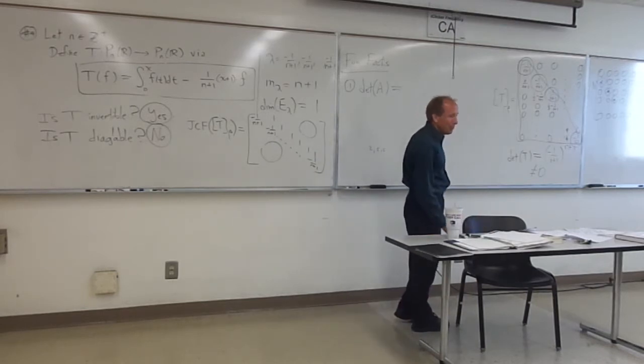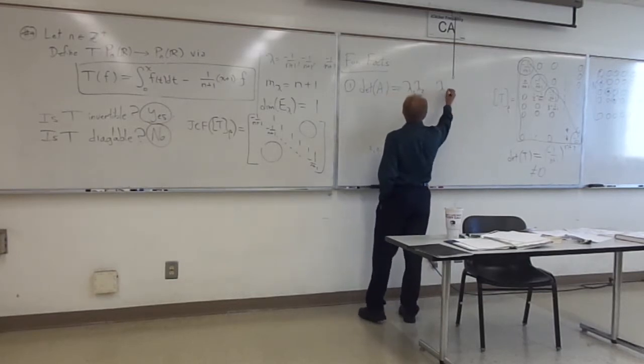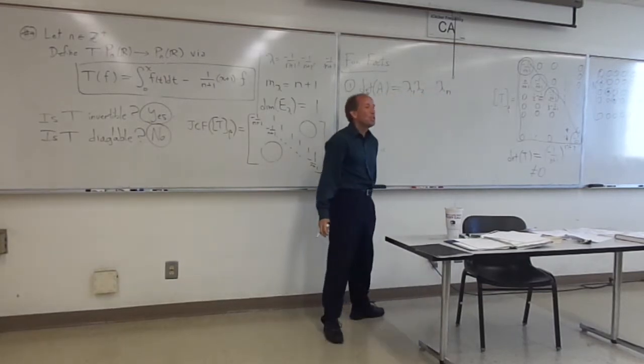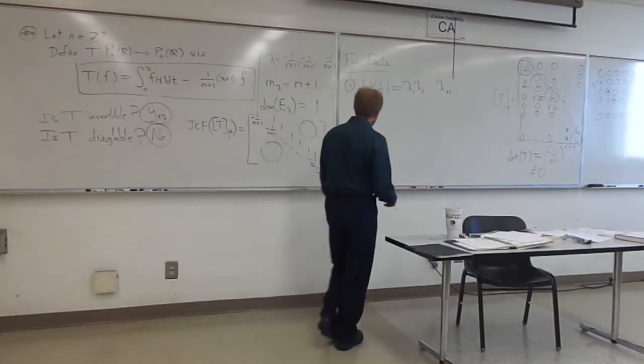Actually, it's very simple. It's just the product of the eigenvalues. You just multiply all the lambdas together. Has anybody seen that before? Maybe I didn't go over that with you guys.